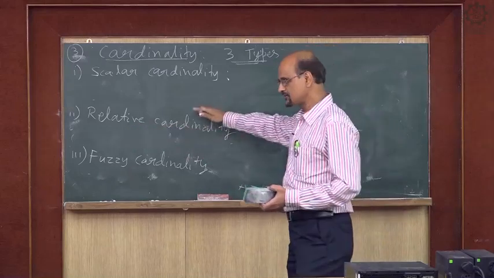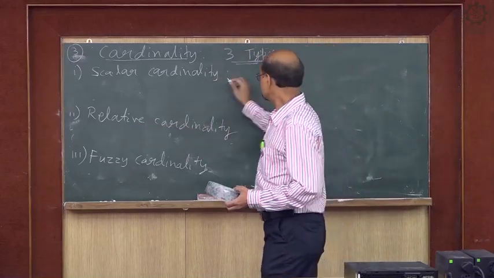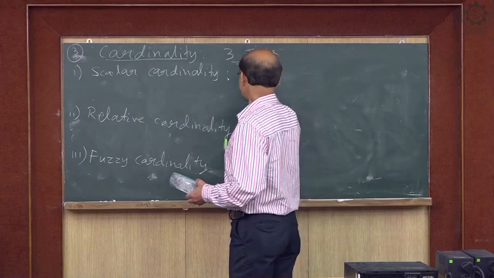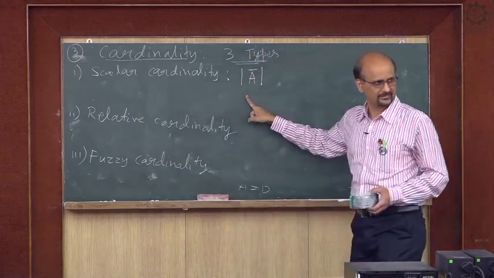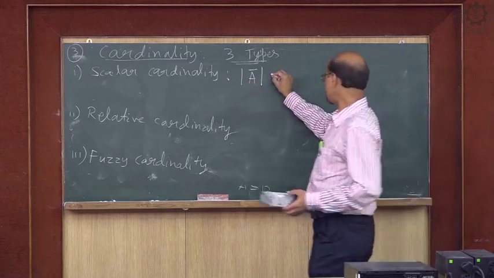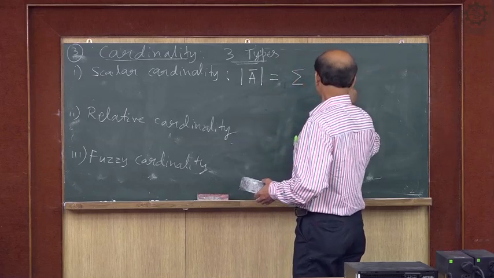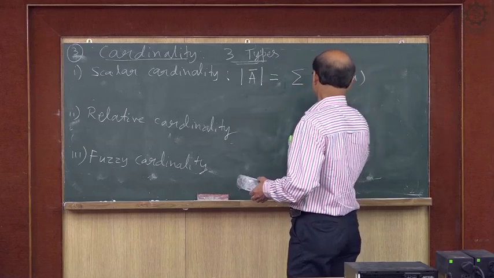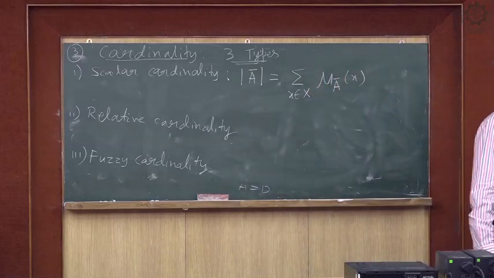Here for different x, you have different membership functions. So, this is scalar cardinality for A bar, suppose A bar is a fuzzy set. Cardinality of A bar, scalar cardinality is defined as summation mu A bar x, x belongs to X, simple.